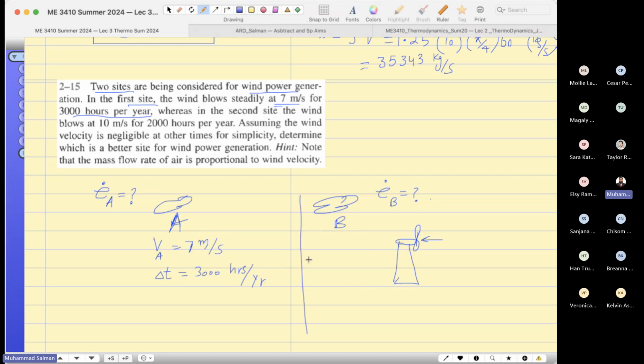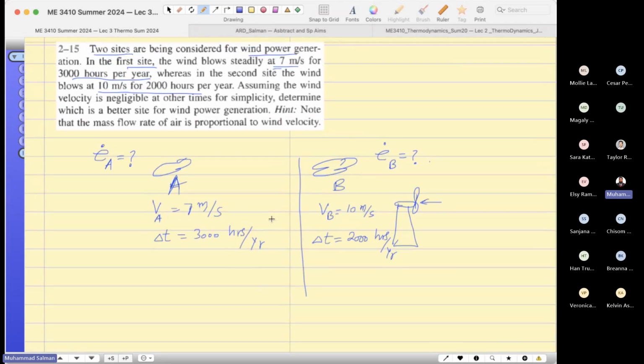For the other location, the speed is 10 meters per second, and it remains 10 meters per second for 2000 hours per year. Okay, now you have to apply the knowledge. Which site is best for installing the turbines?